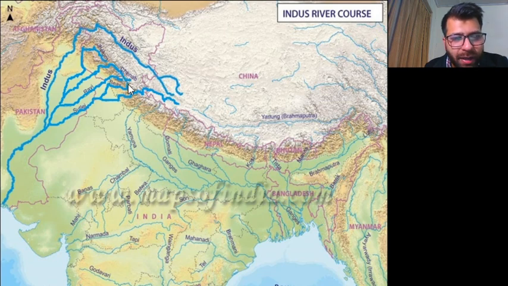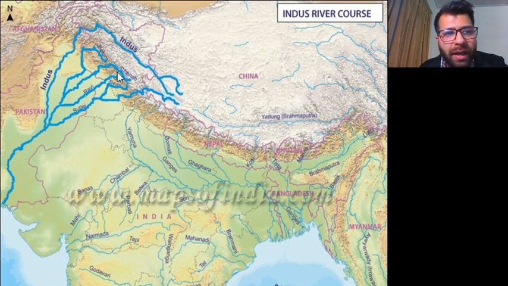Jhelum, Chenab, Ravi and Beas all originate from the glaciers and natural springs of the Himalayas, but the Indus and Satluj do not originate from the Himalayas, they originate from Tibet, and the Himalayas were formed way after the formation of these two rivers. That is why the rivers Indus and Satluj in this river system are called antecedent rivers, and these four rivers are called Himalayan rivers.